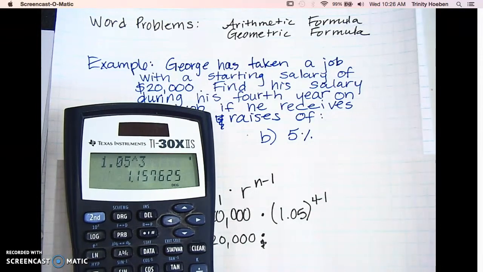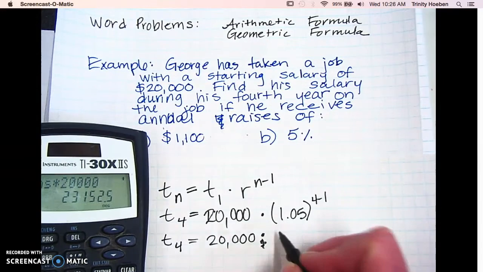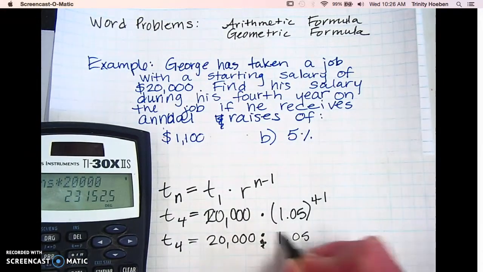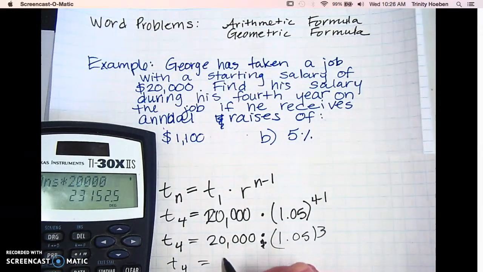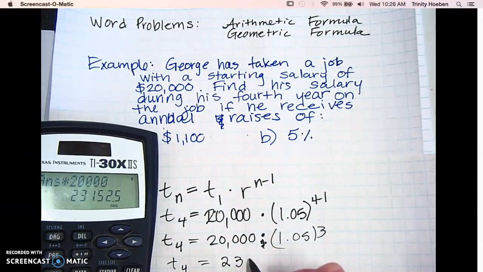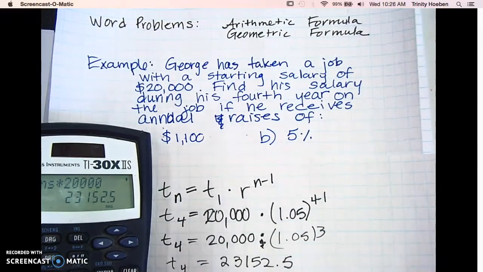You get this decimal and you're like, oh no, I did something wrong, but you didn't. Multiply it times 20,000. Make sure you get the right amount of zeros in there. Hit the equals. On his 4th year, he's going to get 23,152.5. And that's what the calculator tells you.